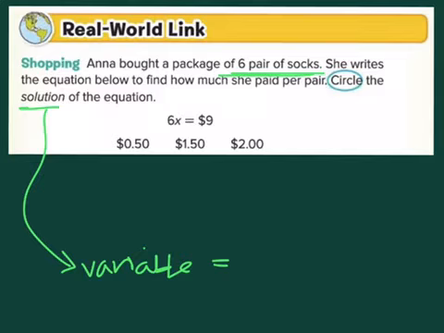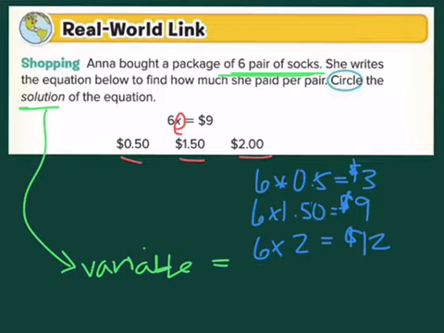So go ahead and take a minute and figure out which answer would represent our variable x in this problem. What is x equal to? 50 cents, $1.50, or $2? If I take a look at my substitution, I know that $1.50 should be my answer because that gets me to $9.